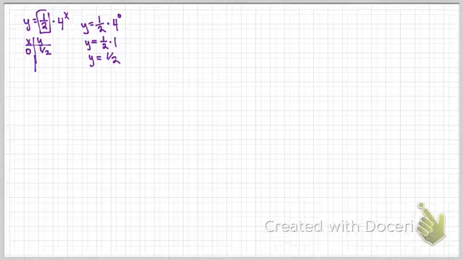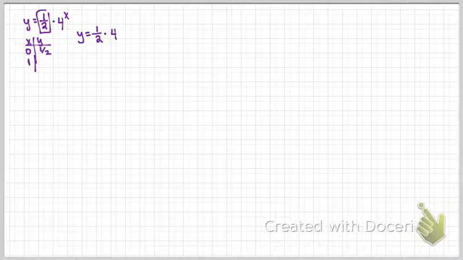If we plug in a different value for x, let's say we plug in the value of 1, you have y is equal to 1/2 times 4 to the first power, or y is equal to 1/2 times 4. Y equals 2.